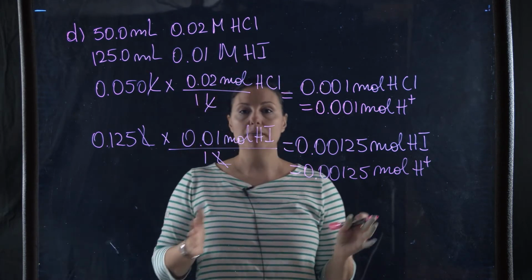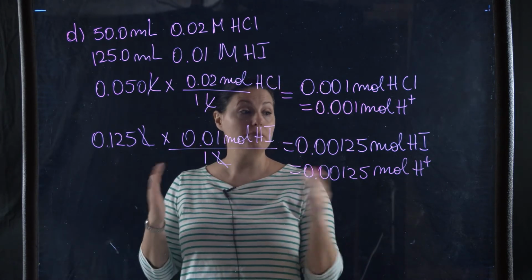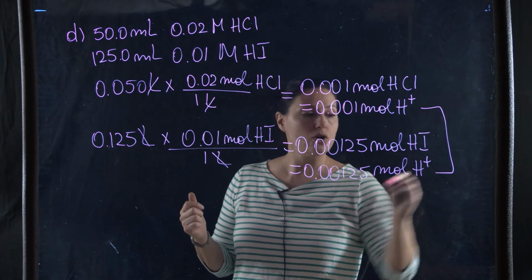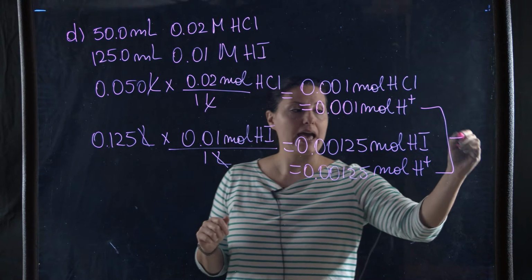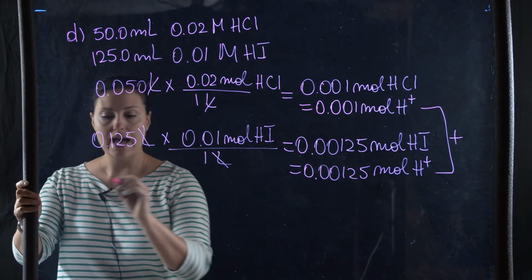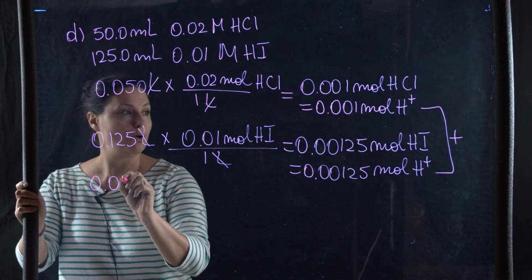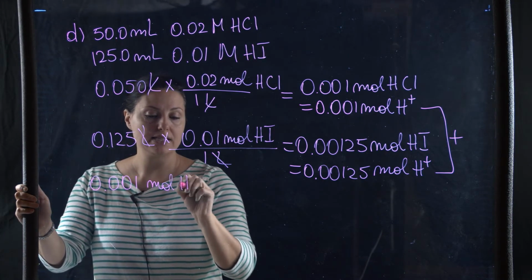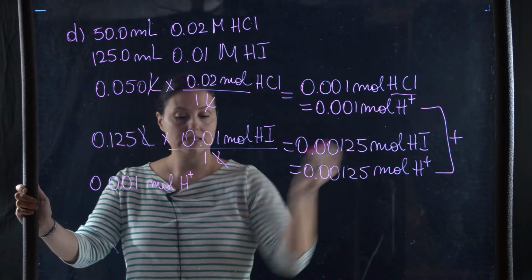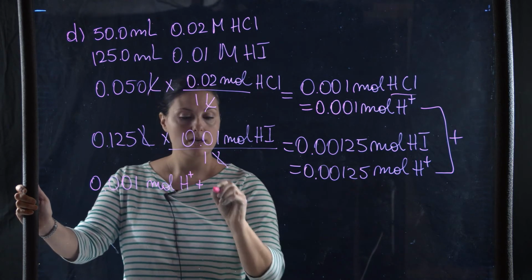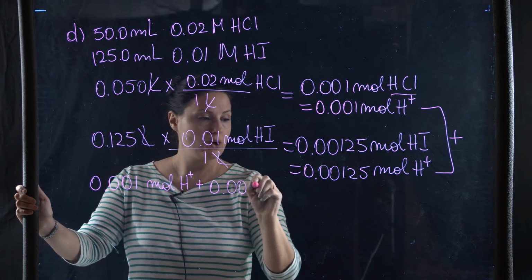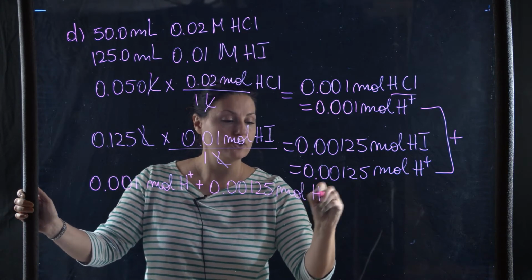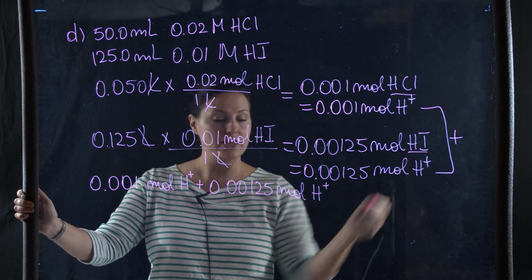Now I know how much H plus I'm getting from each of these acids. To get to the total, I need to add both of those. So I add 0.001 moles of H plus that come from HCl plus 0.00125 moles of H plus that come from my HI.